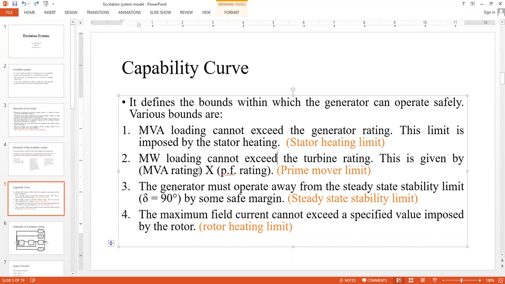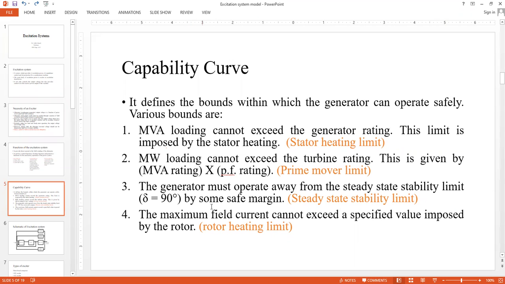And that can easily be obtained with this very basic formula. If you know the MVA rating for the machine and the rated power factor, then you simply multiply the MVA rating by the rated power factor, and you get the megawatt loading.